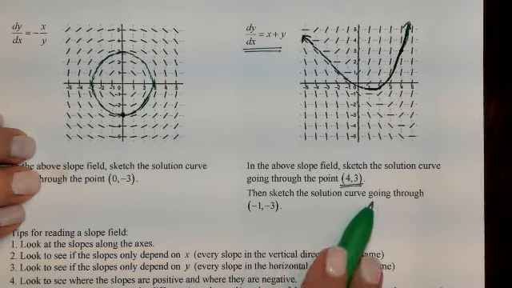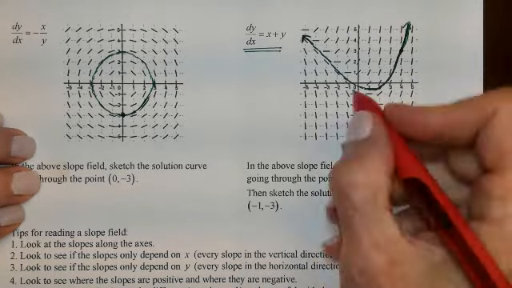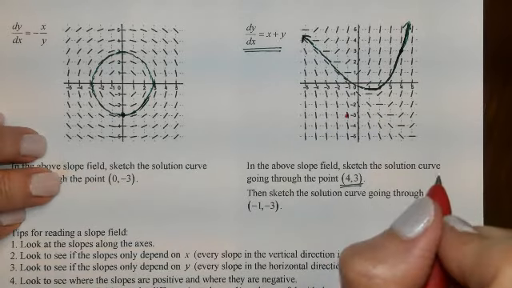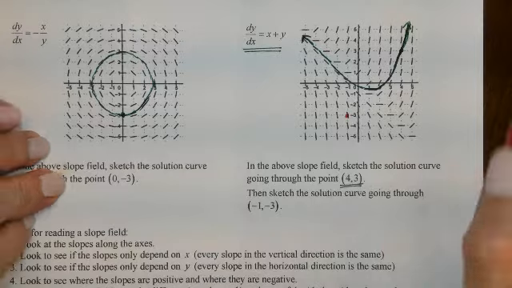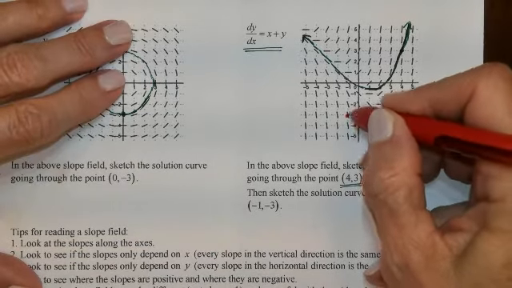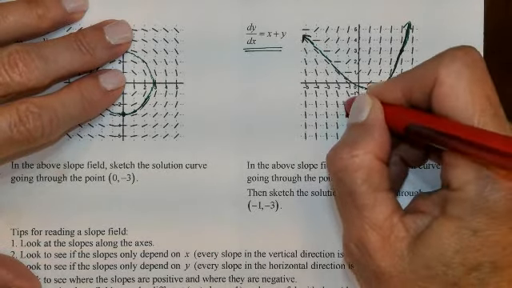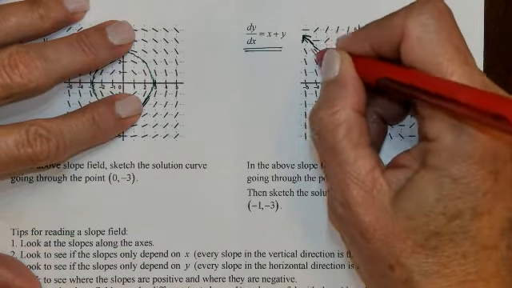Let's do the same thing, but this time we go through (-1, -3). So go to the point (-1, -3), and now we want to see what that curve looks like. Well, again we have a steep negative curve, so it looks like it would go something like this.